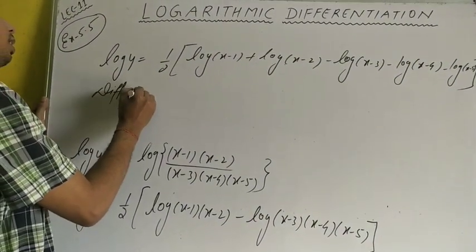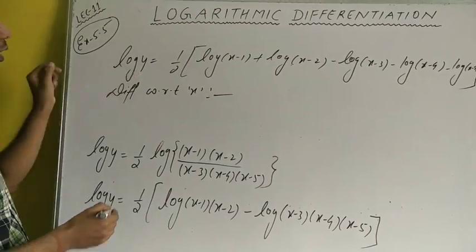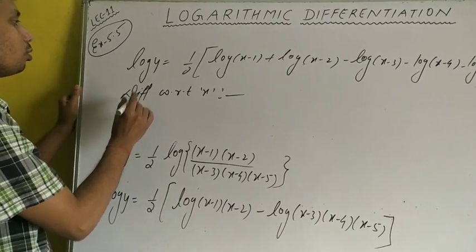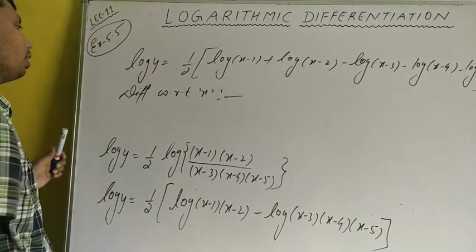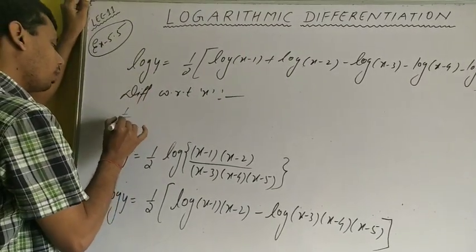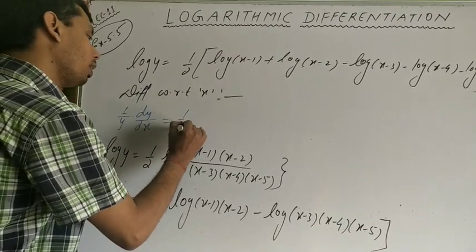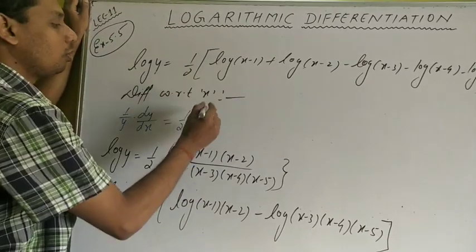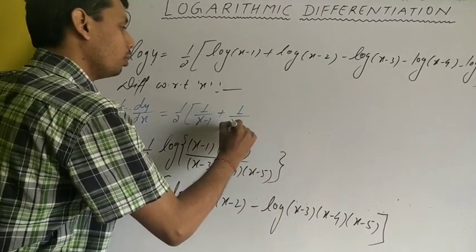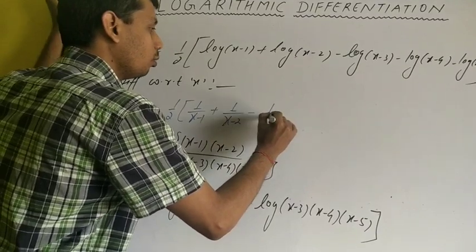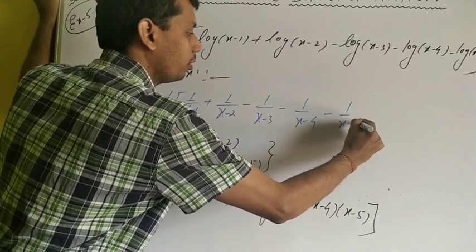Now differentiating with respect to x, we get: what is the differentiation of log y? 1 by y, and differentiation of y with respect to x is dy by dx. 1/2 is constant. Differentiation of log(x-1) will be 1/(x-1) plus 1/(x-2) minus 1/(x-3) minus 1/(x-4) minus 1/(x-5).